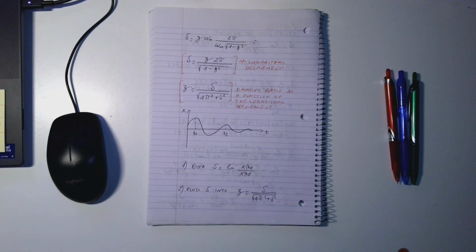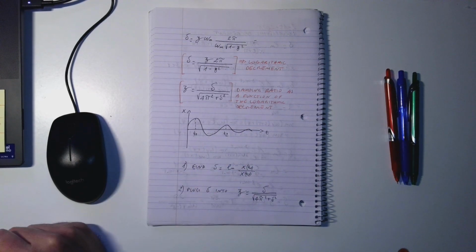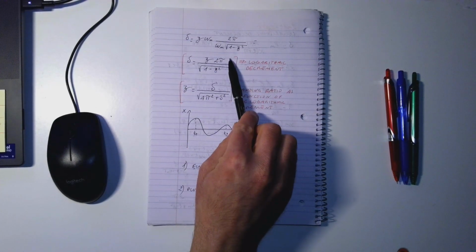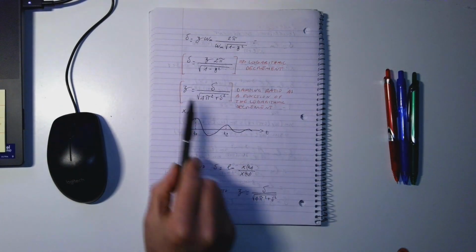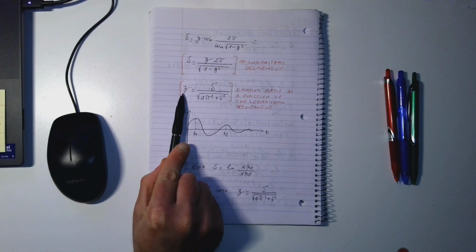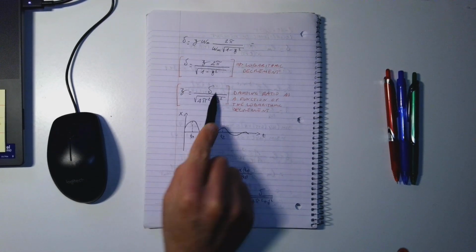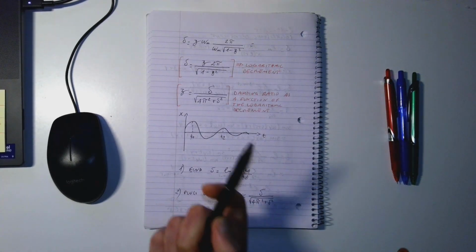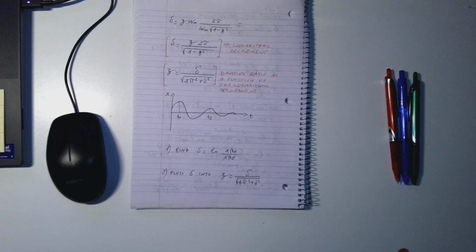Of course, as we said before, we use this method to find the properties starting from the response, which means we take this equation here and then we rearrange so that we can find the property of the system, which is zeta, as a function of the response, which is in this case the quantity delta, the logarithmic decrement.